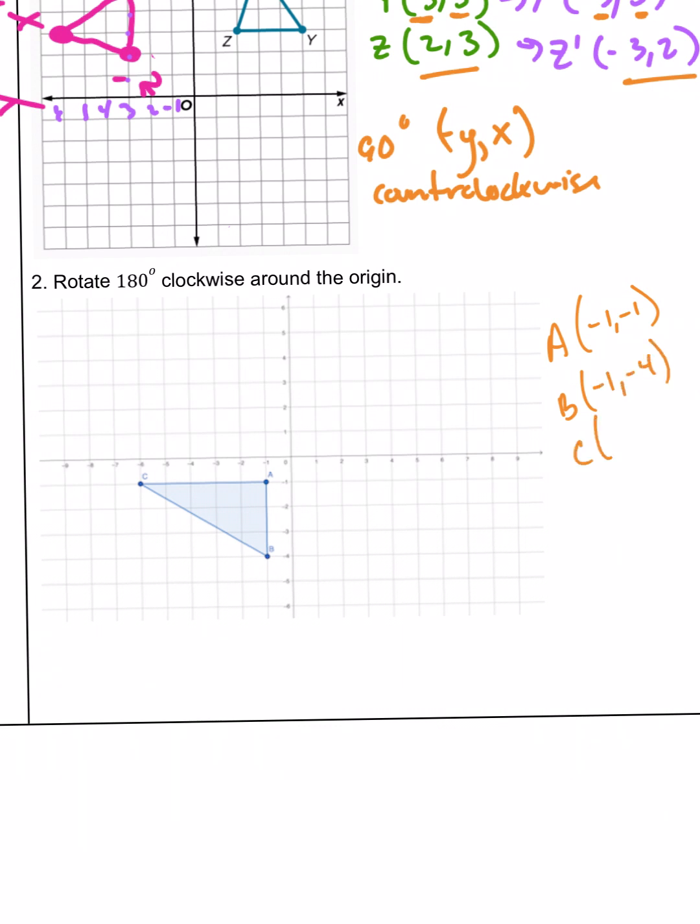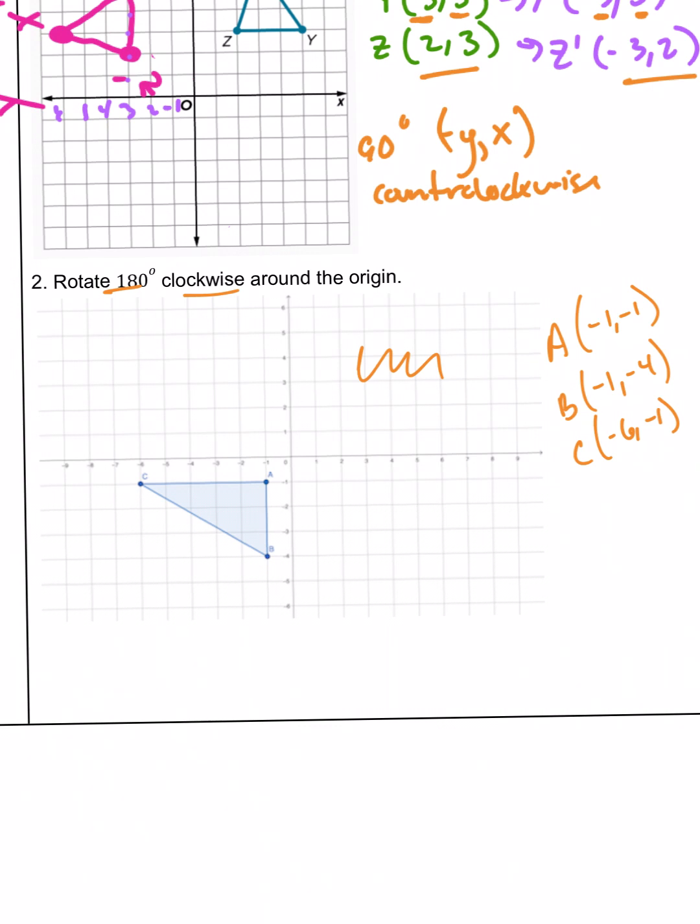And C is at negative 6, negative 1. And we're going to rotate 180 degrees clockwise. And actually, it doesn't make a difference if I go 180 clockwise or 180 counterclockwise. We end up in the same spot. So that one doesn't actually make a difference. Either way, we're going to end up in this quadrant here.